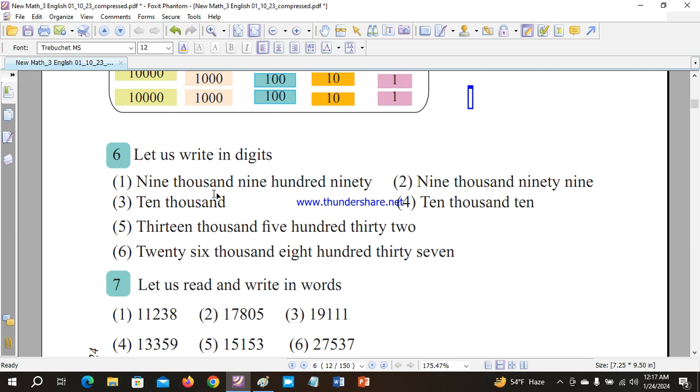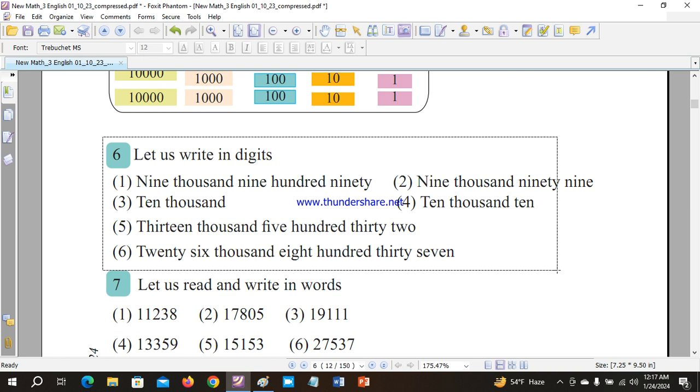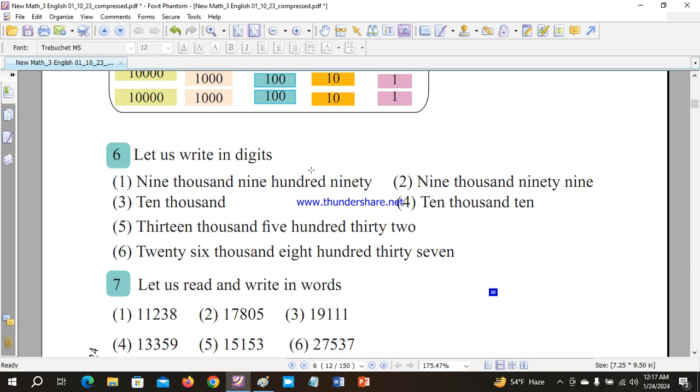Now let's solve this problem. Number 6, let us write in digits.